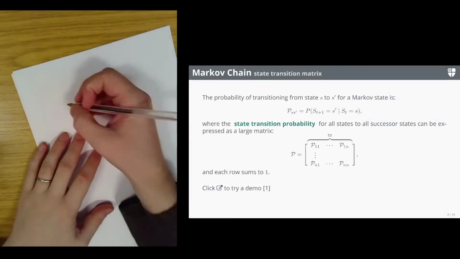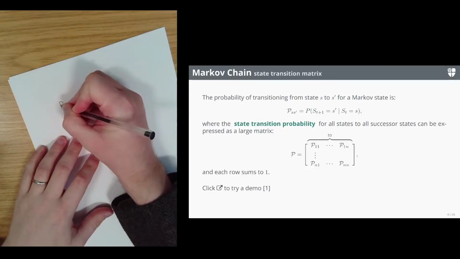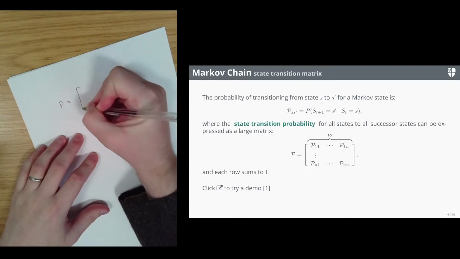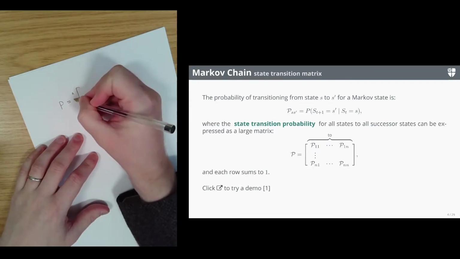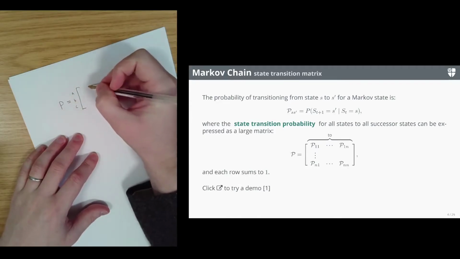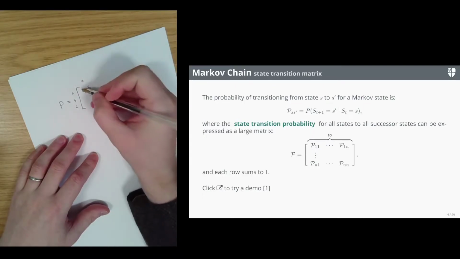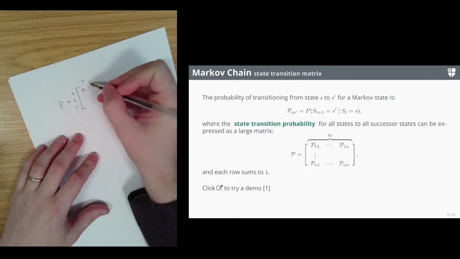So a very simple example of a state transition matrix would be to say P equals, maybe we've got some states A, B, C. We could say, for example, there's a 0.3 probability of state A transitioning to itself.